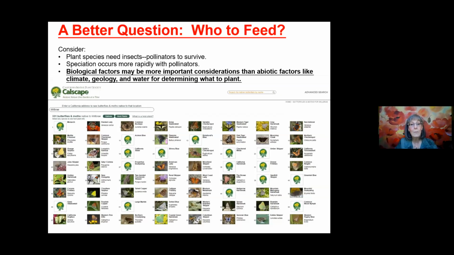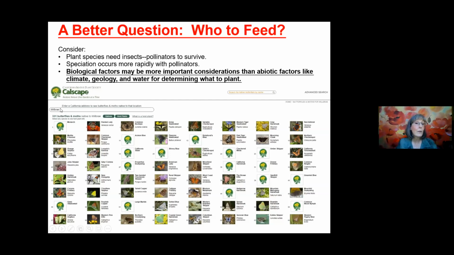And we do know that speciation, the changing of a species over time, occurs more rapidly when you have pollinators, because they're spreading around the genetic goodies to other plants actively. So biological factors then become more important than abiotic factors like climate, geology, water, and temperature for determining what to plant. And this was actually something that Darwin noted in The Origin of Species. So this is not a new idea.